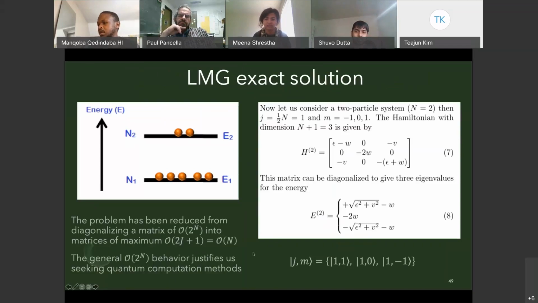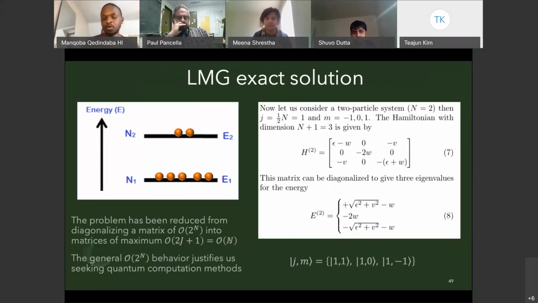And basically, what we have seen now is that we have transformed a general Hamiltonian, which was order 2 to the power n, into order n, where n is the number of particles. And so this now justifies that, okay, we can use this model to test if our quantum algorithms work.